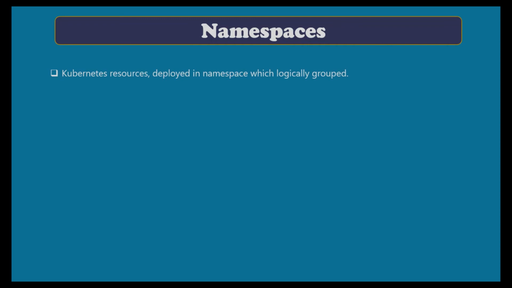So the next component we will see is namespaces. What are namespaces? Kubernetes resources are deployed in namespaces, which are logically grouped. So when we deploy any resources, they will be logically grouped together, and we can call it a folder. We can apply permissions and restrict access.